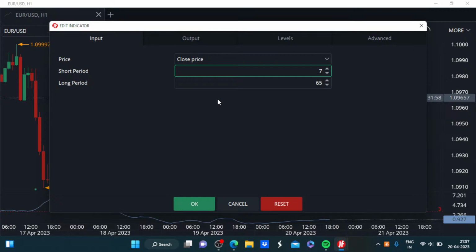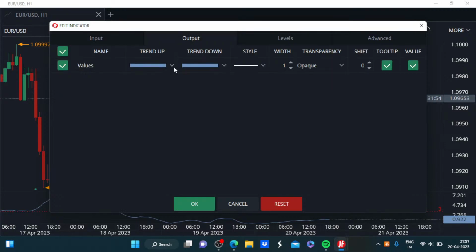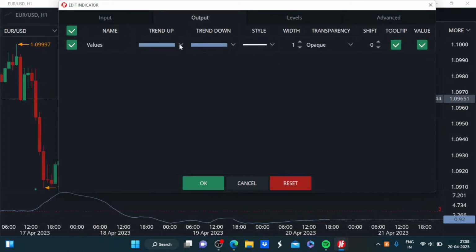For defining the output, color combination options are provided to you. You can go for different color combinations, so all these options are there, or you can keep it as it is.